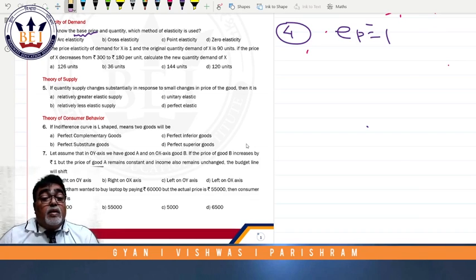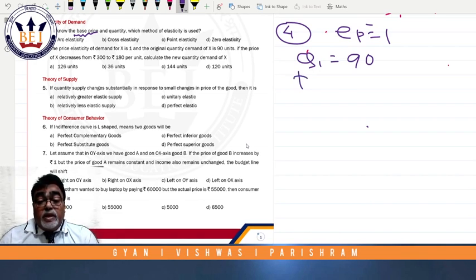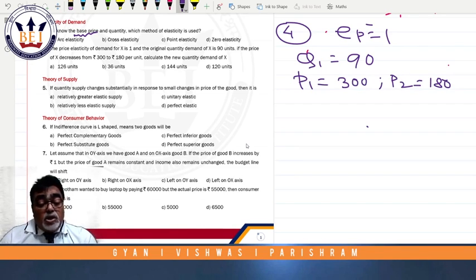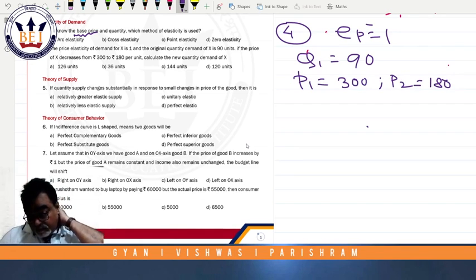Original quantity is given as 90 units. If the price of X decreases from 300 to 180 per unit, so P1 equals 300 and P2 is equal to 180, calculate the new quantity demanded.